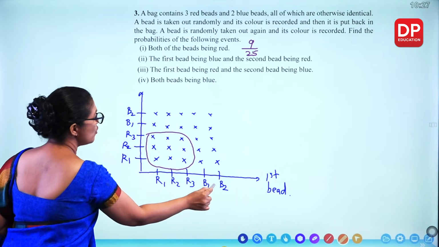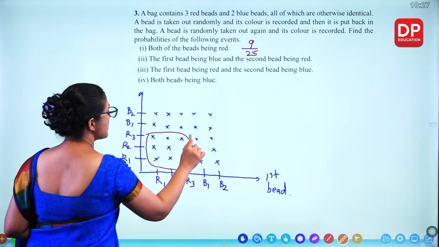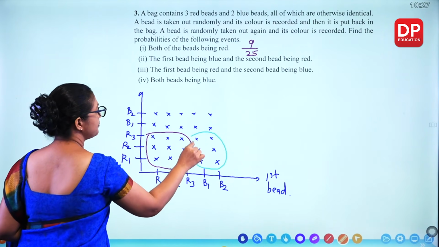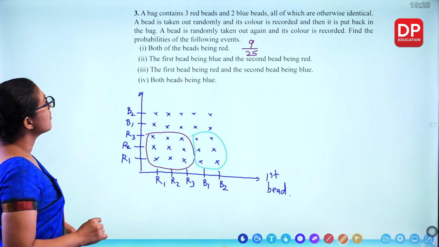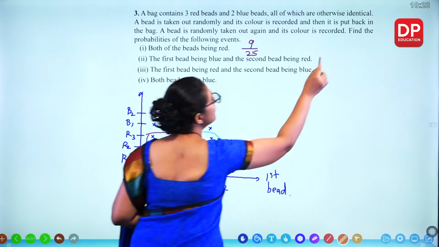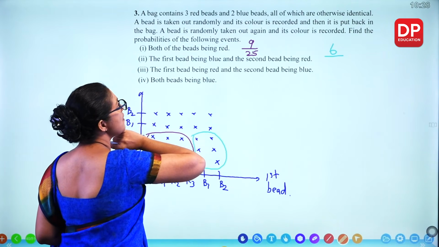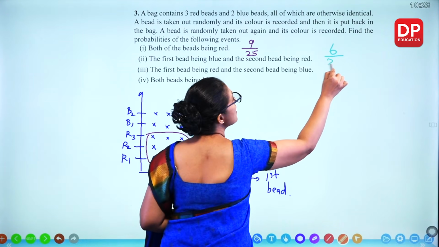First bead being blue and the second one is red, means this region. So altogether how many? 6 beads. 6 outcomes are there out of 25.